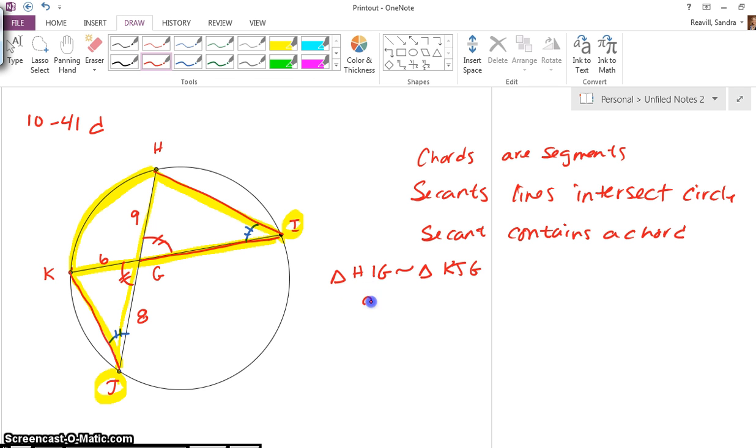We can say that 9 is to 6 as the unknown is to 8, because KG corresponds to HG and GI corresponds to GJ. And let's use X in place of GI.